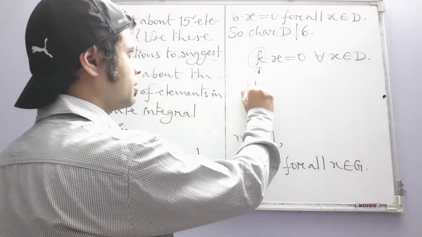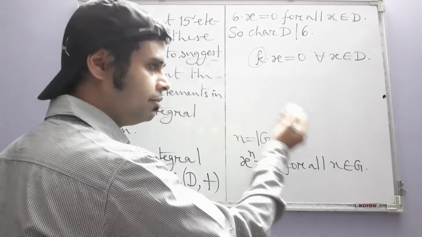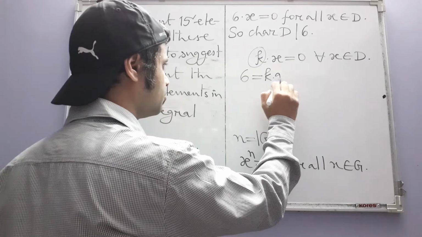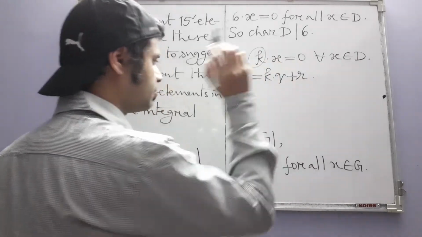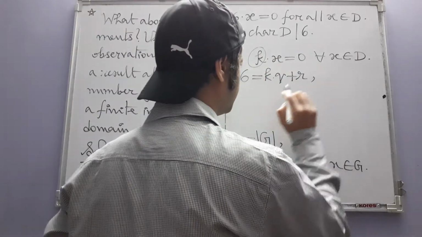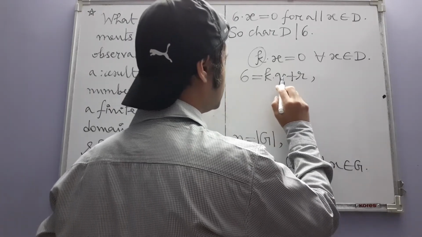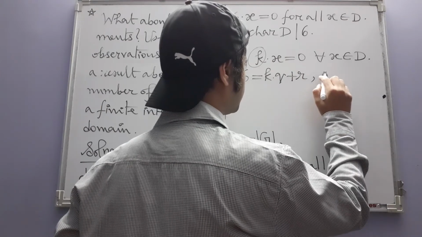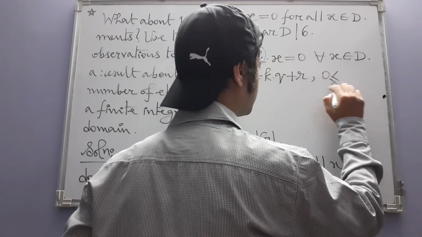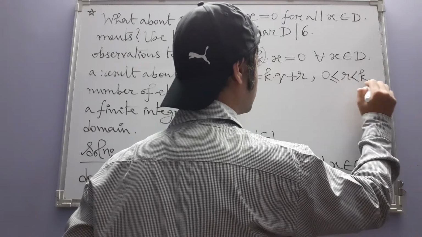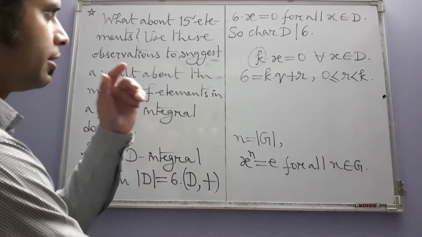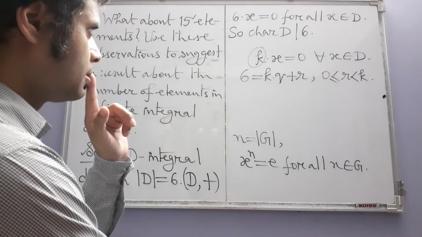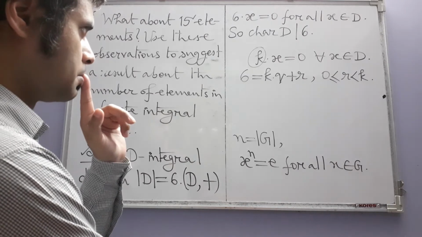If you apply the division algorithm to divide 6 by k, you will have something like this, where r is the remainder when you divide by k. So what will you get? Am I saying it correctly? Characteristic of D divides 6. Yes, because it's the smallest.